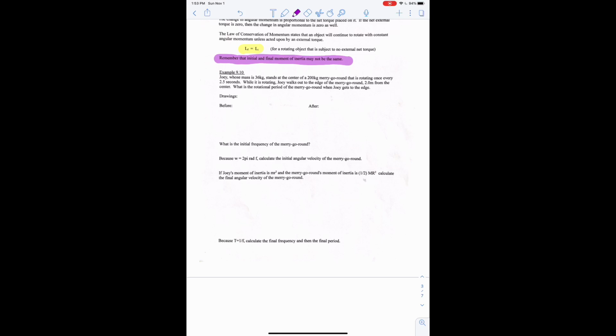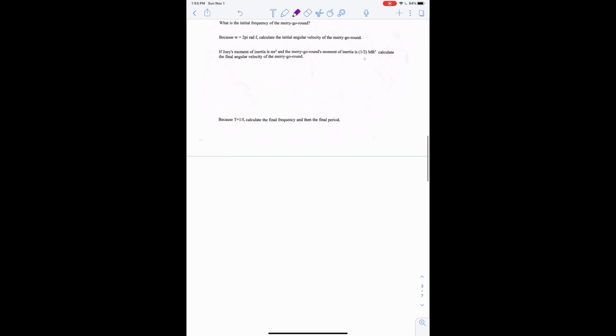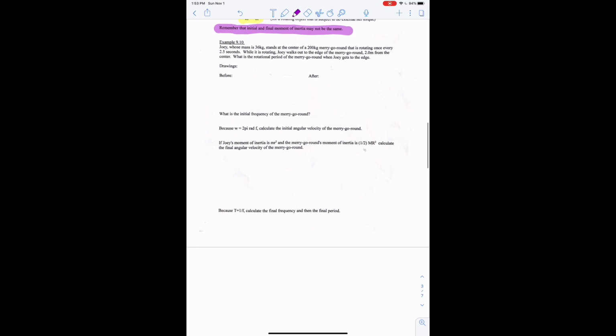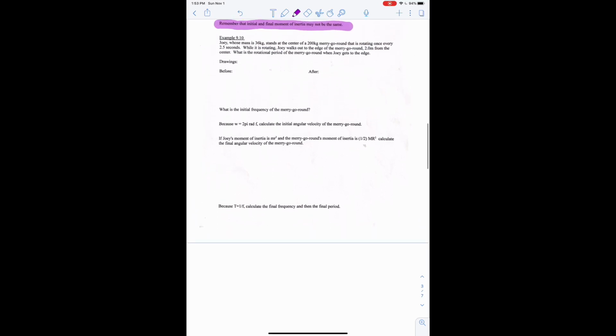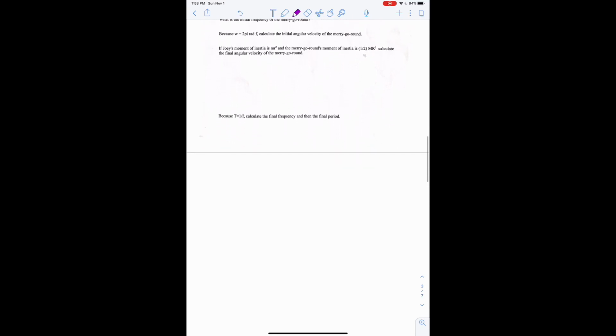This first one, I know I didn't leave myself a lot of room, so we'll try. We'll see how it goes. I think I got some extra room below because I knew I wasn't going to have enough. But yeah, make sure you have that extra sheet of paper handy. All right, so it starts off with a drawing of Joey on a merry-go-round.